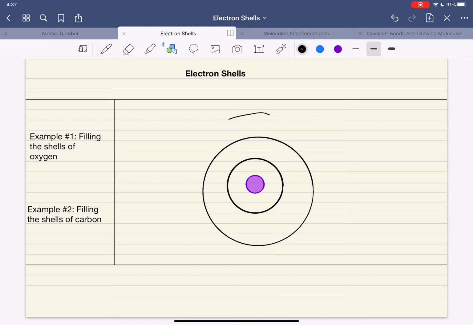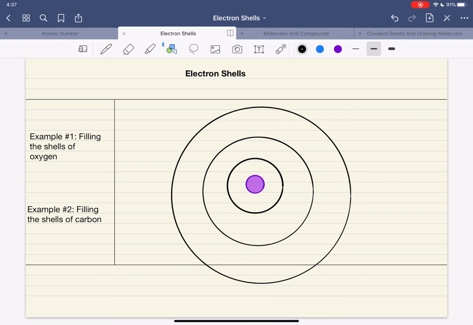And then moving outward, if you have electrons out this far, shell number 3. So I'm going to label those. We're primarily only going to talk about shells number 1 and 2. So this would be shell number 1, number 2, and number 3.